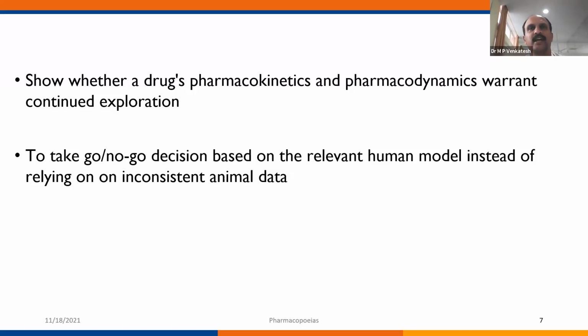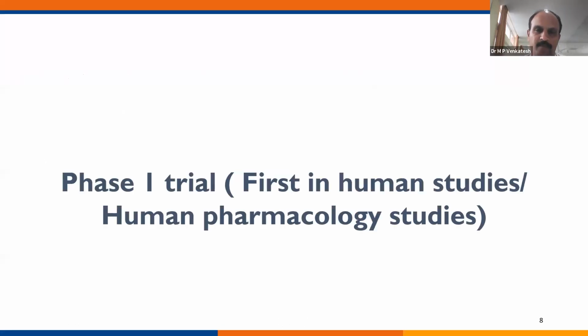So what is the entire basis of doing the clinical trial? The entire basis is the animal data, which has been generated in different animal models, at least 2 rodent models followed by a mammalian model. Phase 0 gives you an idea whether the drug tested for the first time in humans is able to produce efficacy and, more importantly, whether it is safe for administration or not.